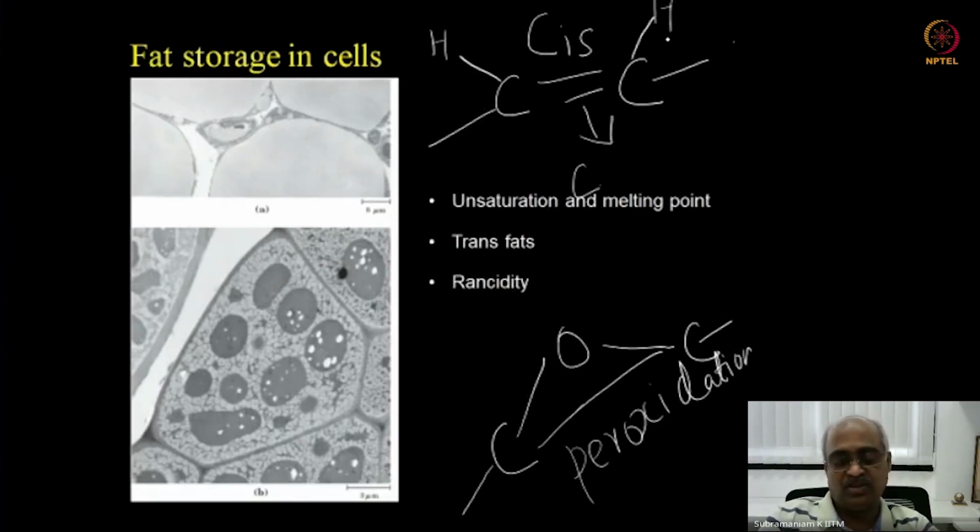So that is what is normally found in our body. And these trans isomers are usually not hydrolyzed and metabolized in our body, and they usually lead to buildup of fat deposition in our blood vessels, leading to high blood pressure and leading to atherosclerosis and other heart diseases.